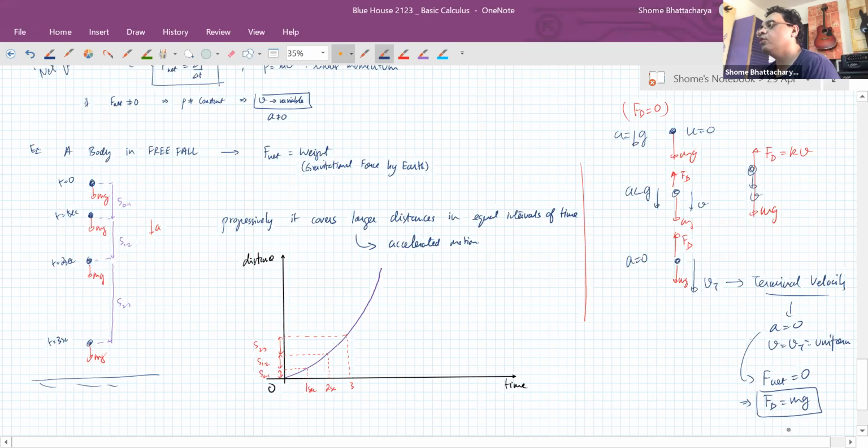So the drag force is some constant into v. So v into terminal velocity is this. So this is the constant for the drag force. Now this constant we will see later in a chapter called viscosity. It depends on something called coefficient of viscosity.